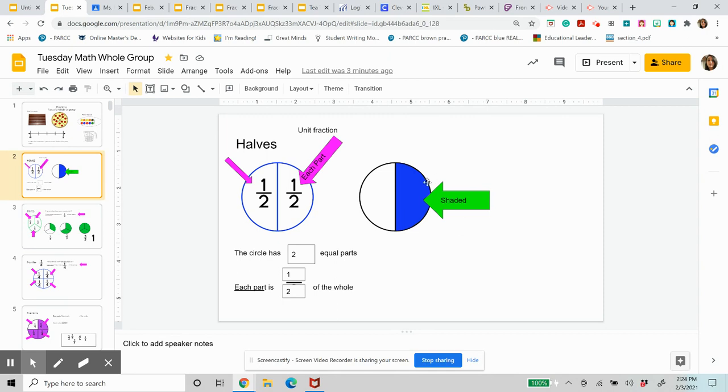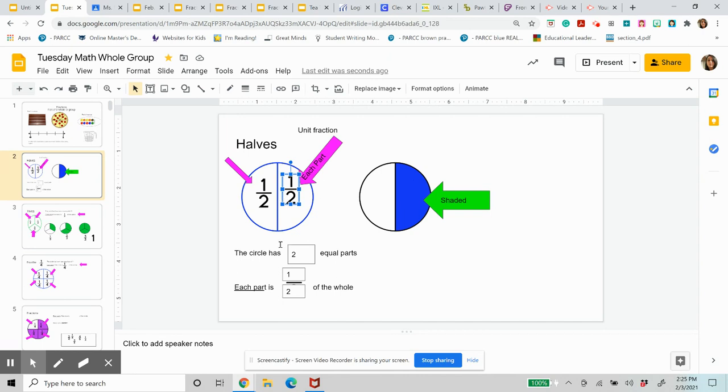And if you look here, this is shaded, right? Half of this circle is shaded, right? So when we look at fractions, it doesn't look like a regular number, right? So 2 right here, the circle has 2 equal parts, right? 2 is a whole number, and we're used to those.